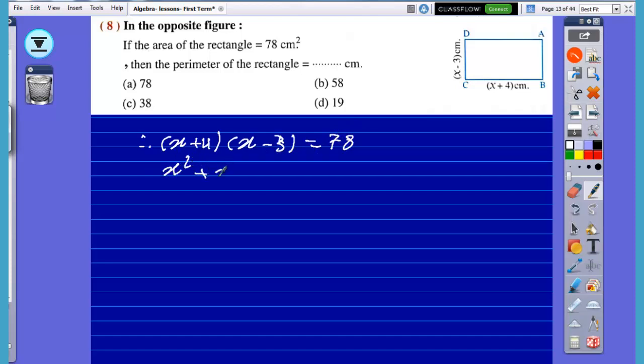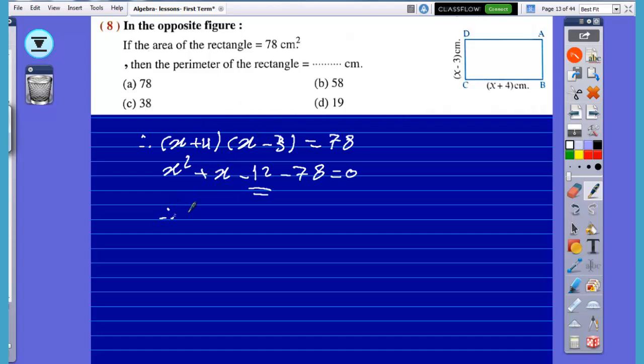plus x minus 12 minus 78 equals 0. Okay, x multiply x is x square, 4 multiply negative 3 is negative 12, and 4x minus 3x equals positive x, it is the middle term.